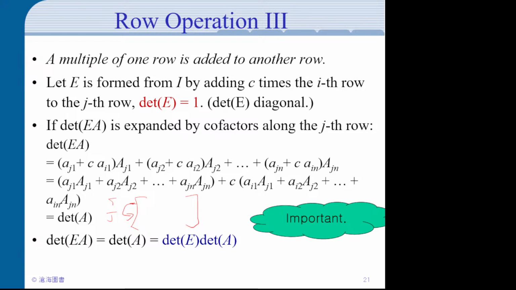We add I0 to J0, and so the J0 now becomes C times I0 plus, I think we use vector plus AJ.